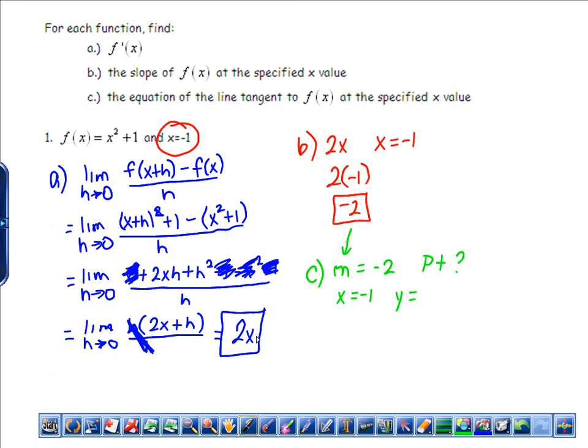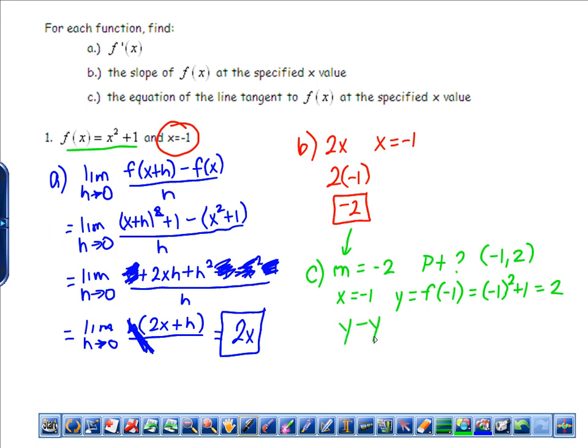Okay, don't go to your derivative function. Go to your original function to do this. The y value is just going to be f of -1, not f prime of -1. That's for the slope. Go back to your original function. So f of -1 would be -1 squared plus 1, which is 2. So now my point is -1 comma 2.